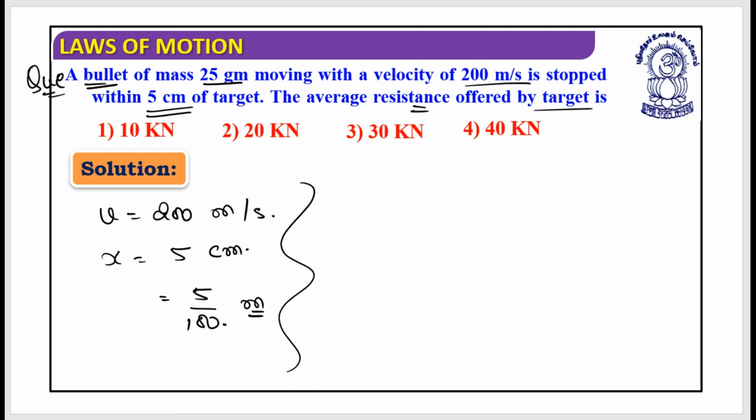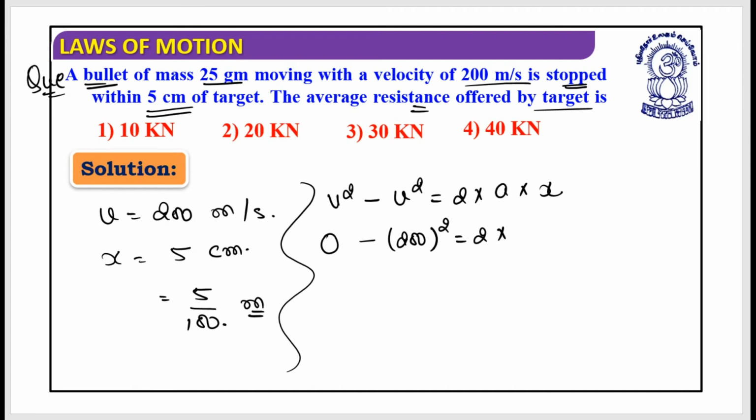Now what could I do? v square minus u square equals 2 into a into x. They said it has been stopped, so the final velocity is 0 and the initial velocity is 200, so 0 minus 200 square equals 2 multiplied by a multiplied by the distance, which is 5 divided by 100.